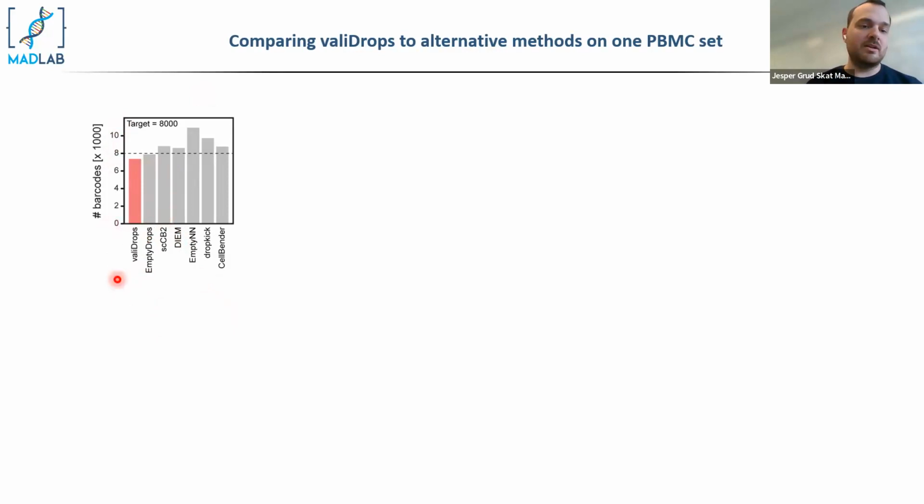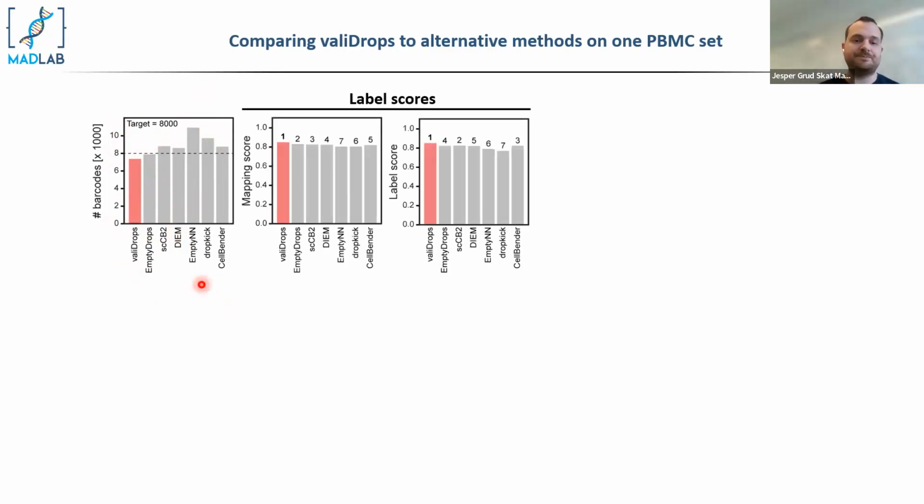And then we can look at all of the same metrics. We will have valiDrops in red all of the time. And above each bar, there will be a number which indicates which tool had the highest rank or the best performance for the particular metric.